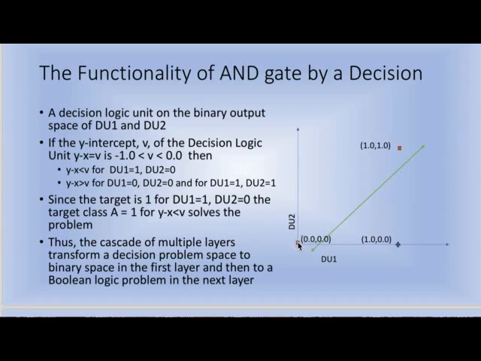The decision output is 0 for the red points because these red points are on the same side of the line where the origin also lies.